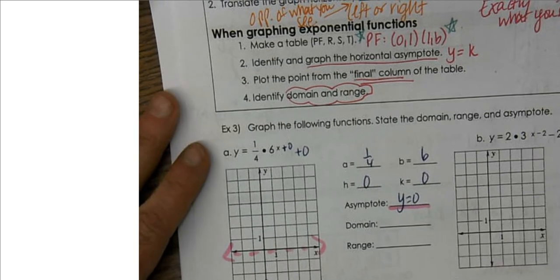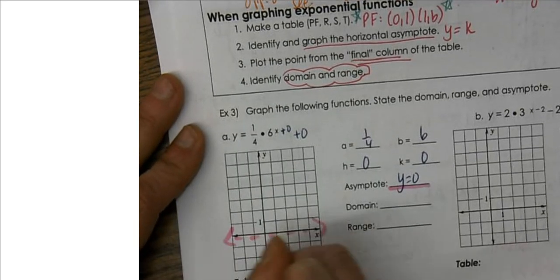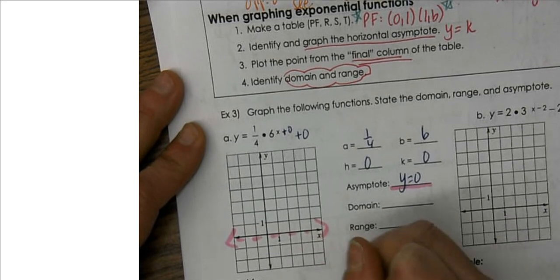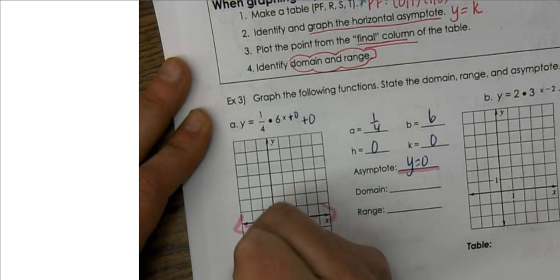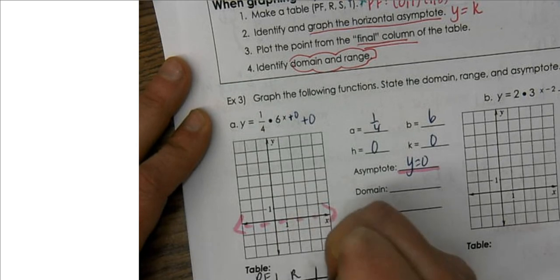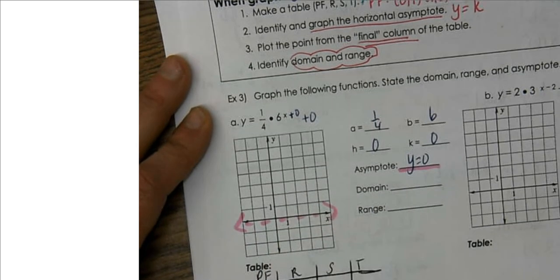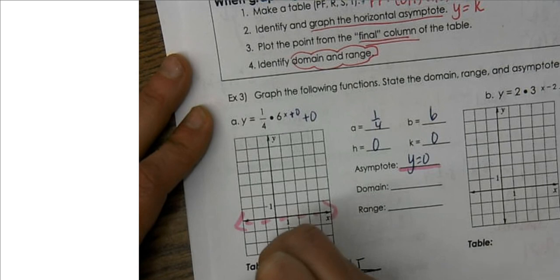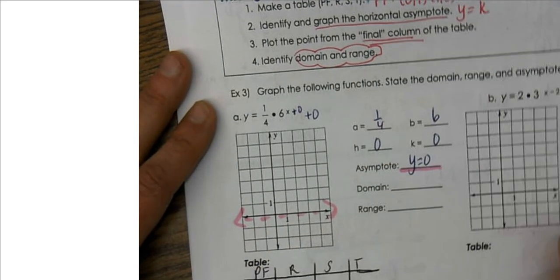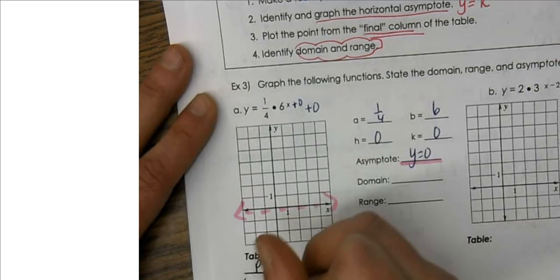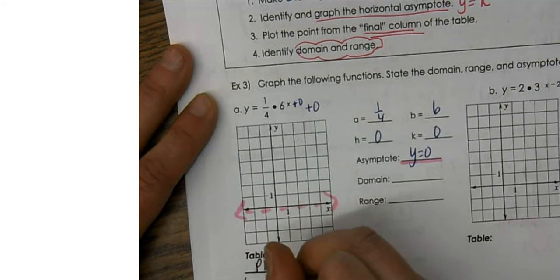So now I'm going to create a PFRST table. Remember that we're just plotting two ordered pairs and remembering what shape we are using. So this is P, F, R, S, and T. My parent function ordered pairs are (0, 1) and (1, my b value), and my b value is 6. In terms of a reflection, my a value is positive, so I have none.